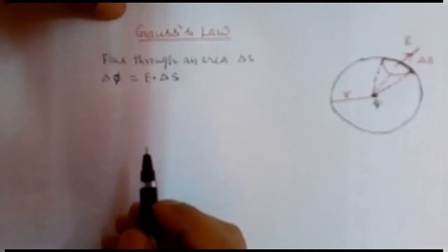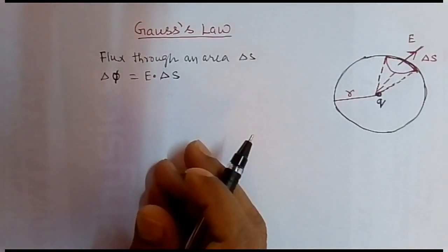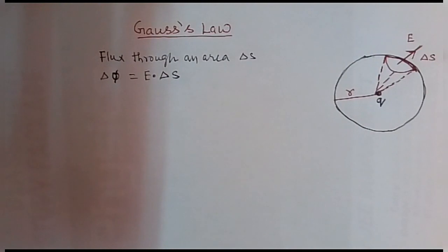We already know the electric field E can be given by kq by 4 pi epsilon naught r square.